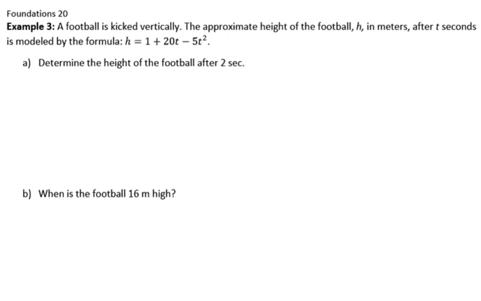So the first question, determine the height of the football after 2 seconds. So again, 2 seconds, our t represents our time in seconds. So we just need to plug in 2 wherever we see a t here. So what's our height? If we have 1 plus 20 times 2, subtract 5 times 2 squared.